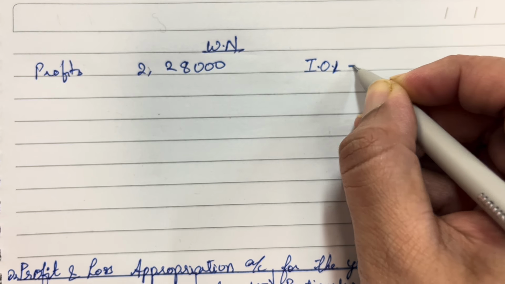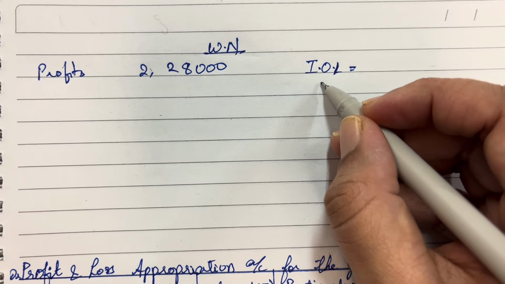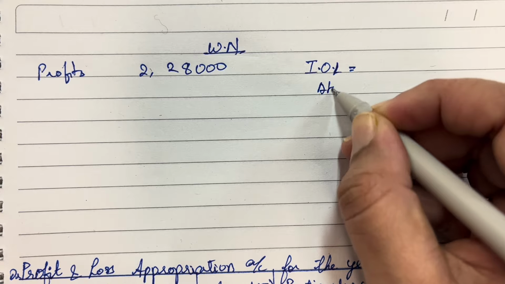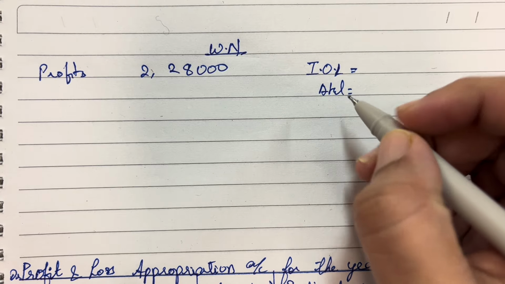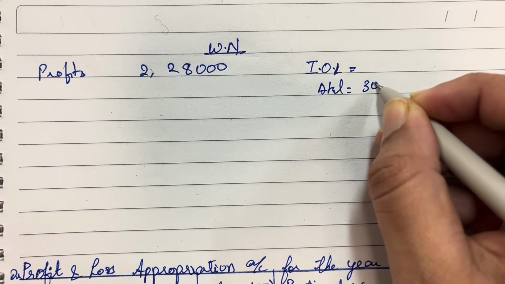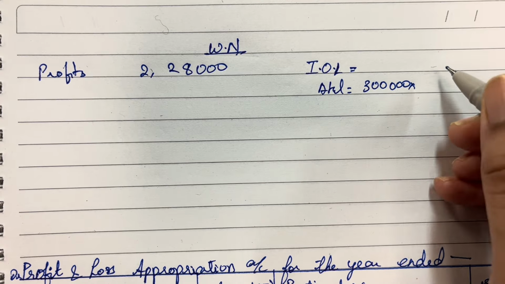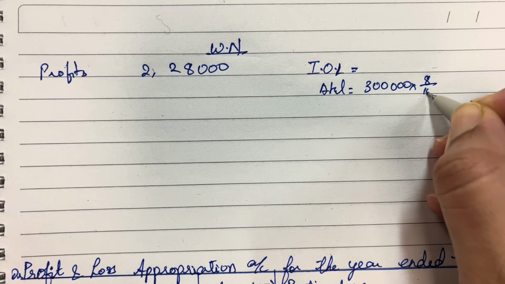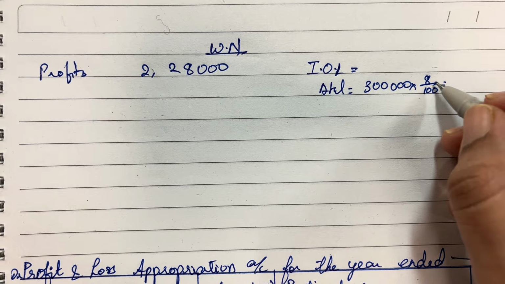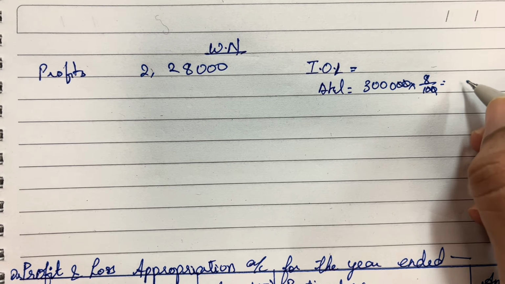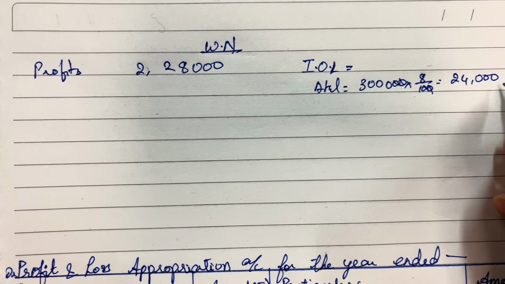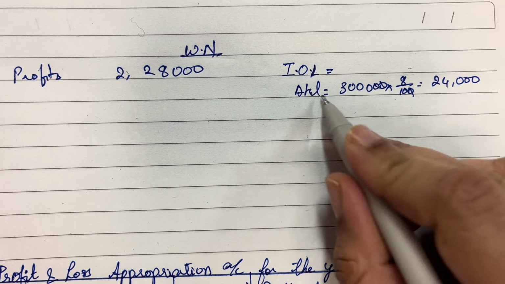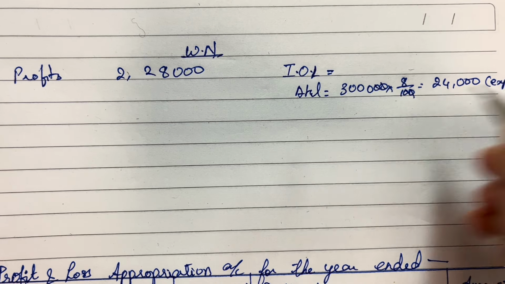Atul has given a loan to the firm of rupees 3 lakhs, and interest should be paid to him at 8%. So the firm will be giving 24,000 as interest to Atul. This is an expense to the firm.